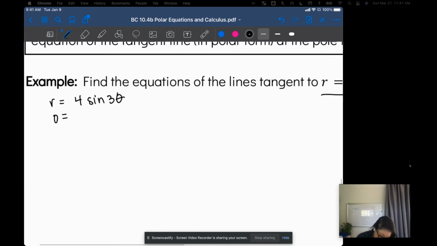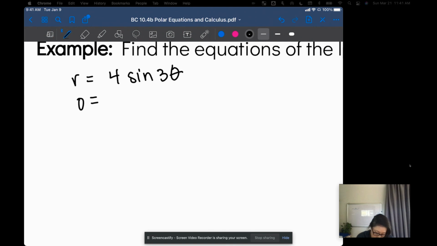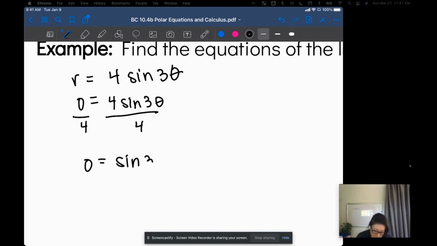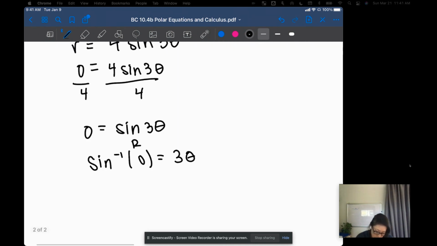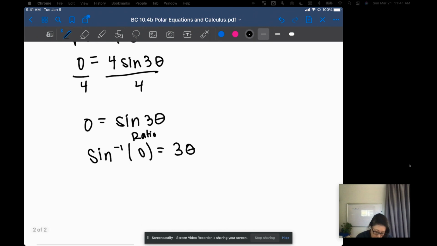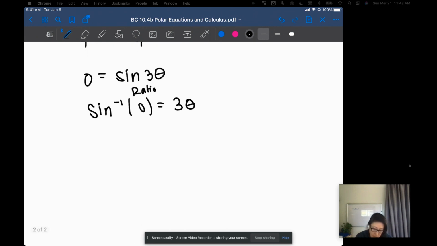Okay, here we go. So we have 4 sine 3 theta is equal to 0. Divide by 4. 0 is equal to sine of 3 theta. Inverse sine of 0 is equal to 3 theta. Again, this is your ratio, so side lengths. Sine has a ratio of 0, just like the last problem, at 0 and at pi.